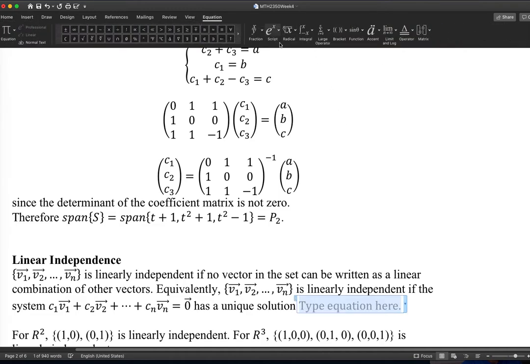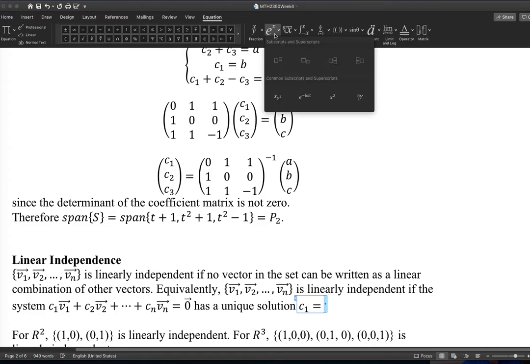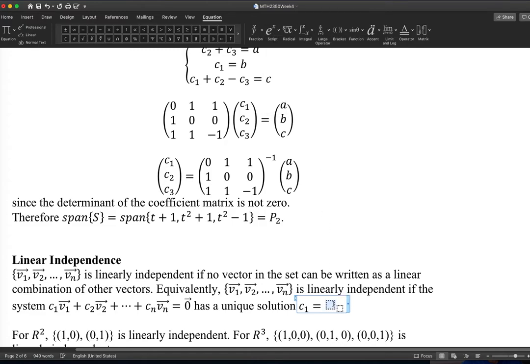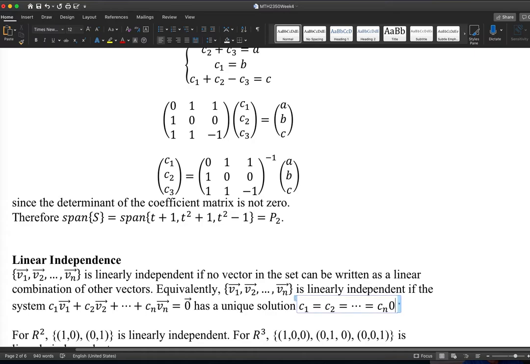The subscript notation part: C1 equals C2, and all the way to the end, C sub n, equals 0. If the system has a unique solution, such a solution is a trivial solution because all the numbers equal 0.